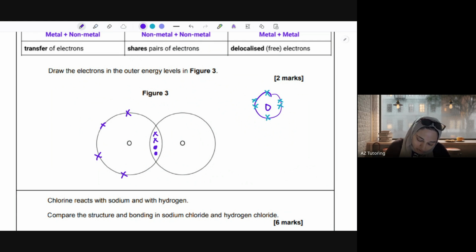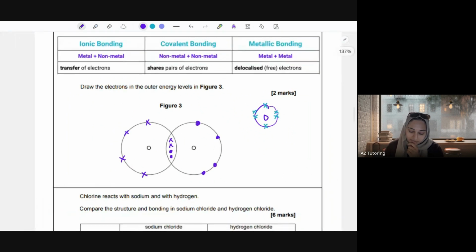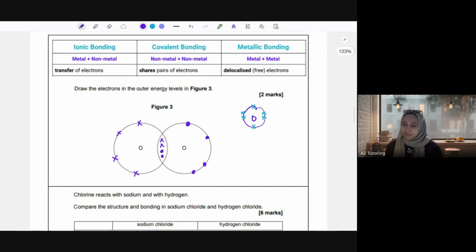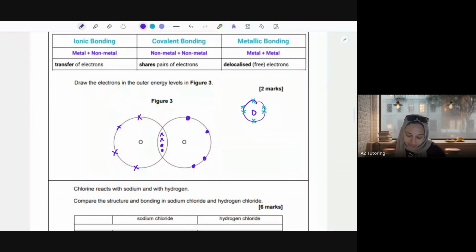And the dots, we've got 2 dots in the middle. We need 6 altogether. So 1, 2, 3, 4. And you can see each have 8. So 1, 2, 3, 4, 5, 6, 7, 8. And likewise for the right-hand side. So I would say covalent bonding is probably one of the trickier ones to draw. Always do the middle first and then the outer. Okay, so sharing electrons there.